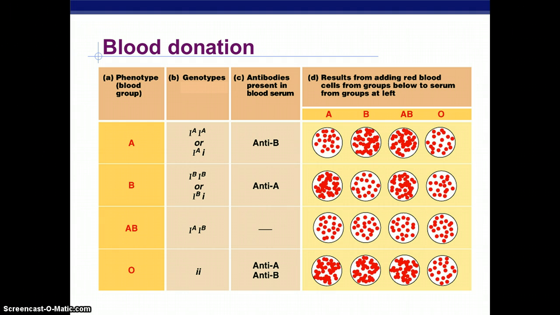AB is codominant, so it has an A allele and a B allele. O is the recessive. It is both anti-A and anti-B. So if you have blood type O, then you can only accept blood type O for transfusions. If you are AB, you are not either anti-A or anti-B, so you can accept any blood type.